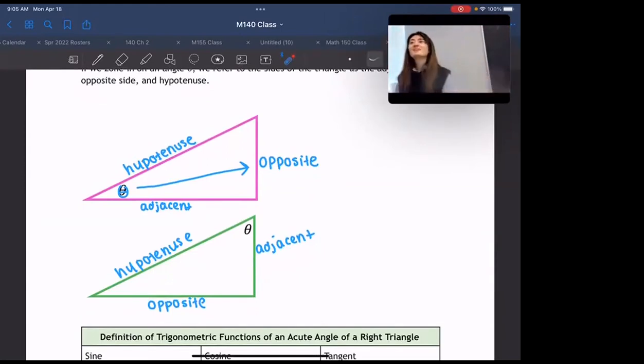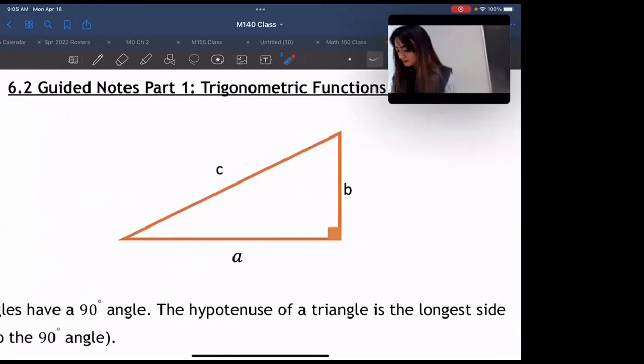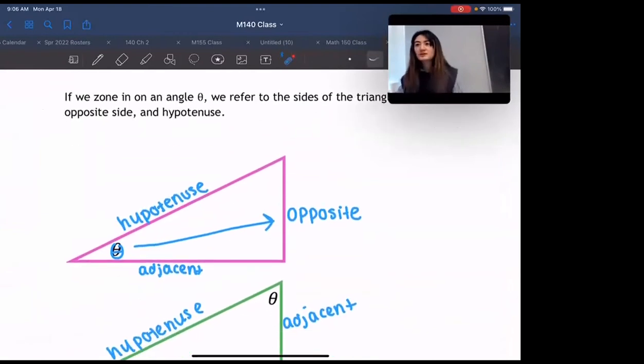Yeah. So on the example right on the top of the page, would A be the adjacent, B the opposite, and C the hypotenuse? It actually depends on what angle we're looking at, right? So if we decide to zone in right here, and this is our angle. Oh, you mean this one here? No, let me go back.